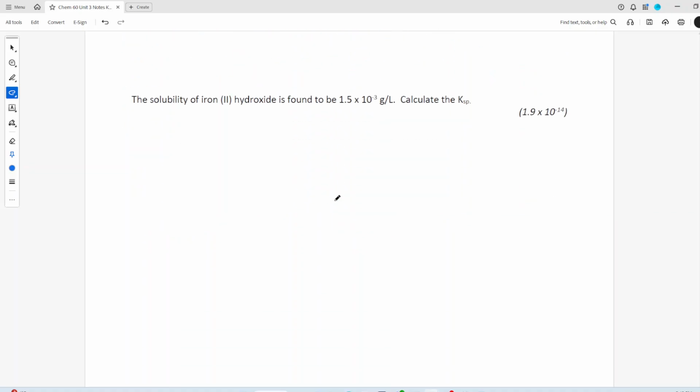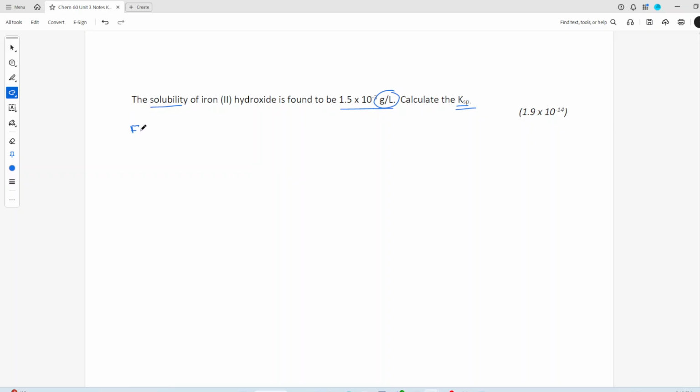All right, next part. There's a reason why at the beginning of this lesson I reviewed for you the words solubility and molar solubility. So this is telling me that the solubility of iron 2 hydroxide is 1.5 times 10 to the negative 3 grams per liter. And we want to calculate KSP. KSP is always found from molar solubility or concentration. So what we would have to do is figure out what this would be in moles per liter.